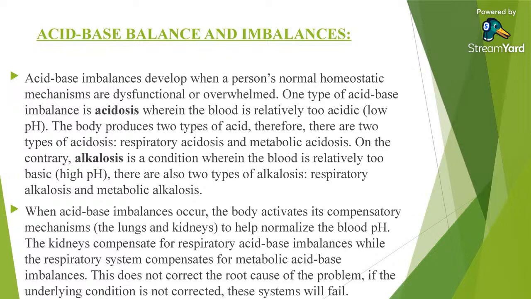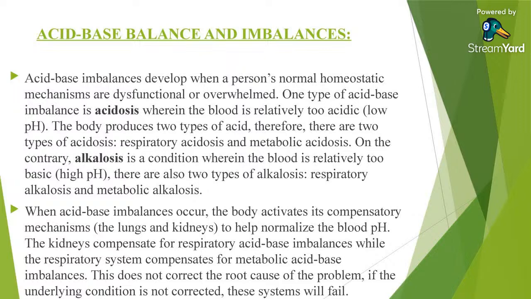On the contrary, alkalosis is a condition wherein the blood is relatively too basic, where the pH value will be increasing. There are also two types of alkalosis, respiratory alkalosis and metabolic alkalosis. When acid-base imbalances occur, the body activates its compensatory mechanisms to help normalize the blood pH.